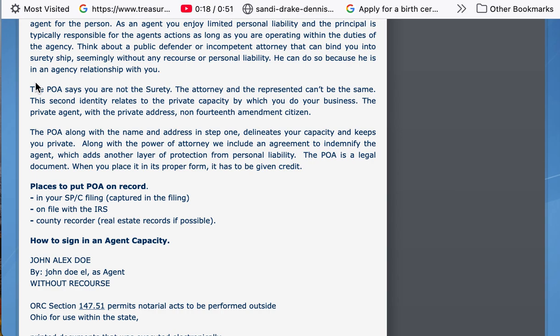The POA is a legal document. When you place it in its proper form, it has to be given credit. I personally believe that in some circumstances, when you put the power of attorney on the record, it creates a barrier for someone who wants to operate covertly on your estate without your administration.